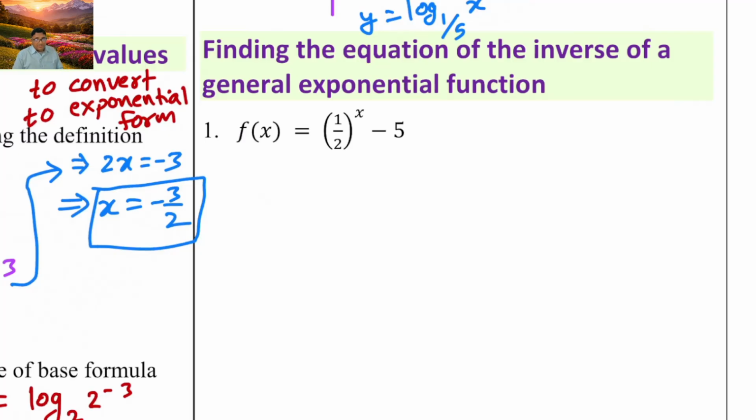Finding the equation of the inverse of a general exponential function. So what are we doing here? We have been saying this many times: the logarithmic functions are the inverses of exponential functions. But whenever we did that, we applied it to the simplest function like b to the x, and we got its inverse. Now suppose you have a general exponential function, which might have some kind of shifts.